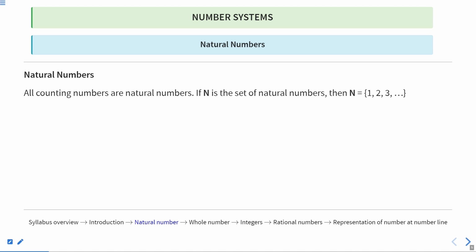We all count objects, like 1, 2, 3, 4, 5, 6, 7 and so on. The numbers used while counting are natural numbers, denoted by the letter N. If N is the set of natural numbers, then N is equal to the set {1, 2, 3, 4, ...}. This is natural numbers.